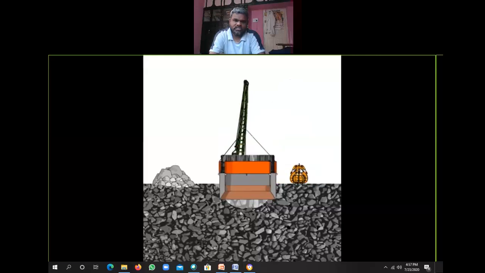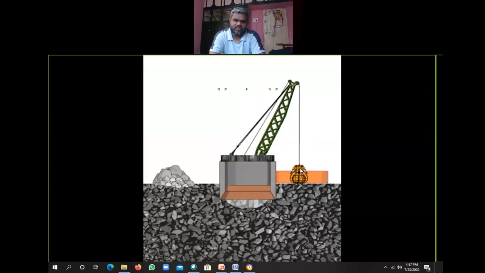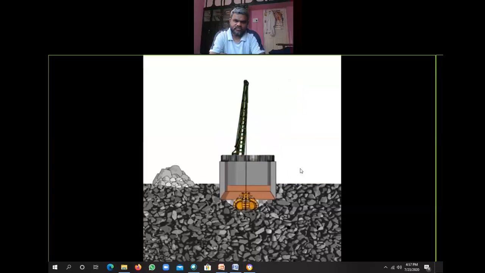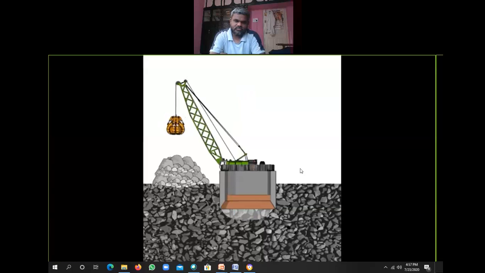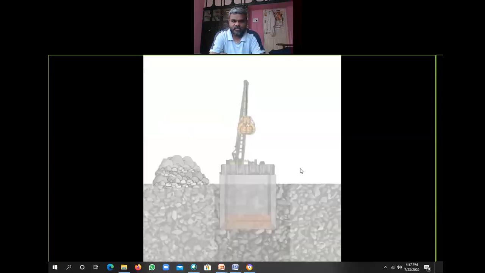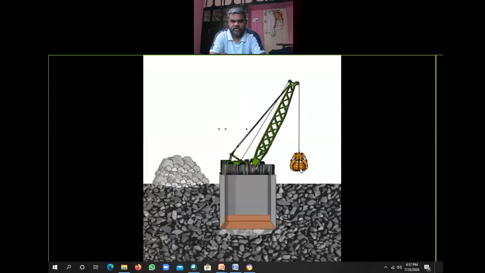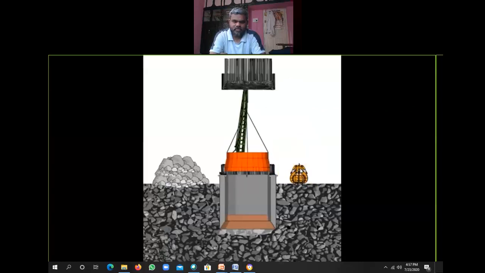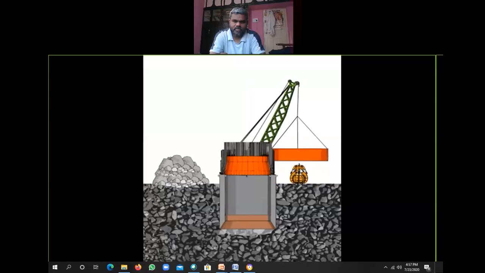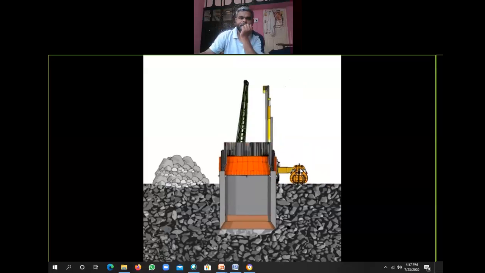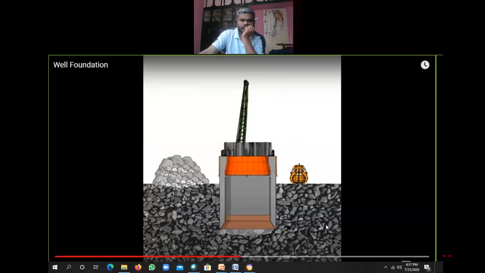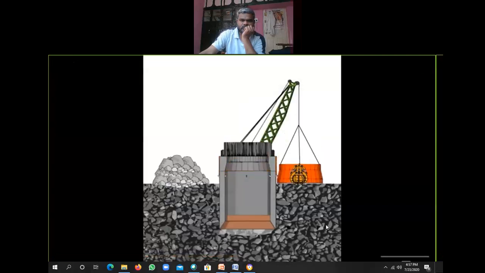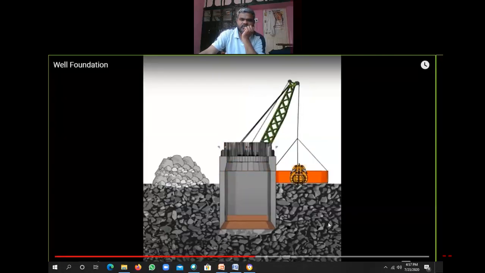See how the charges are applying on the top of the pile, and the pile is going to be driven into the soil. This is how well foundation is working.